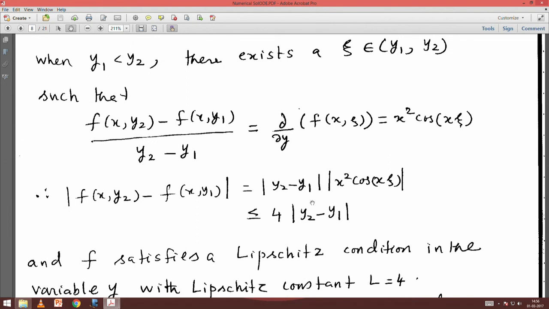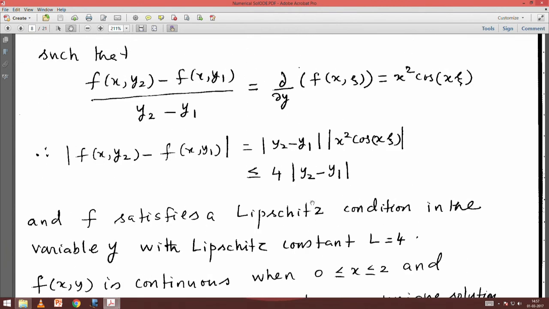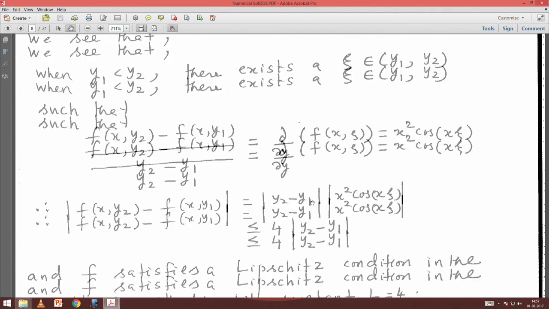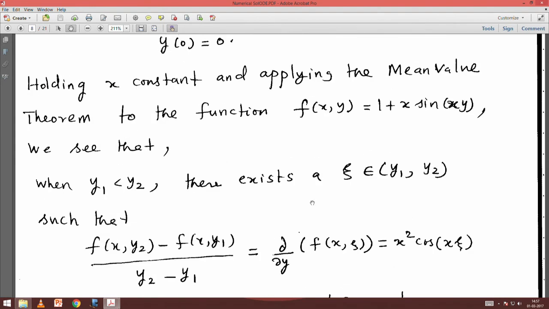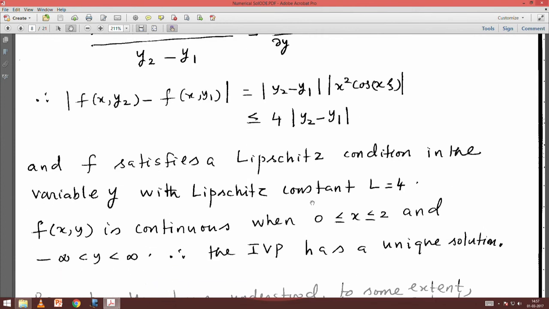So, if you rewrite that, then you get modulus of f(x, y2) minus f(x, y1) is mod(y2 minus y1) into mod(x squared cos(x psi)), but that is less than or equal to 4 times mod(y1 minus y2), because your x is such that x lies between 0 and 2. So, what is it that you have shown?